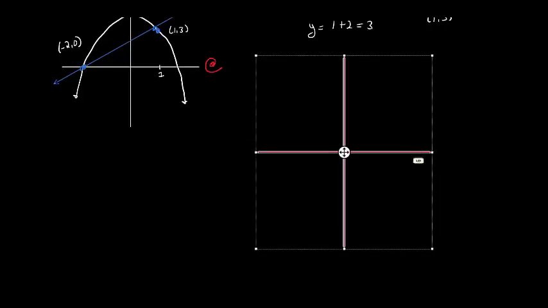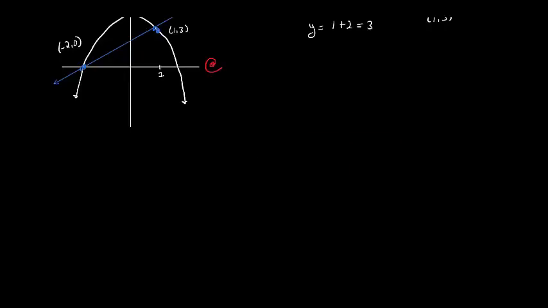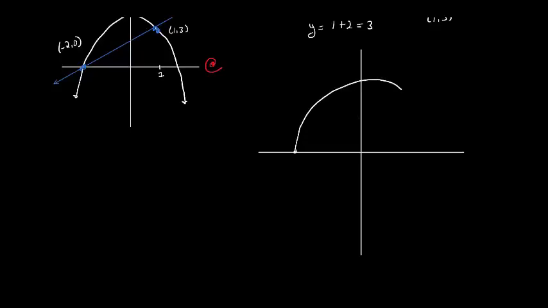Let me draw it with a white axis to make it a little bit easier to see. So here I have this, and this is linear. If I rotate about this axis, I will have something that looks like this.